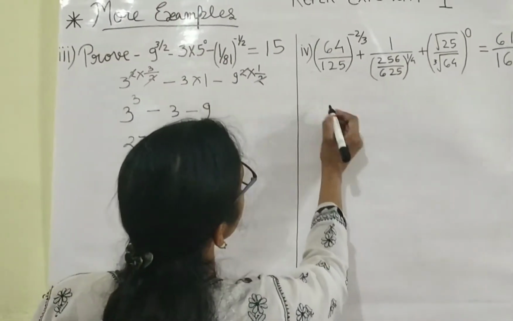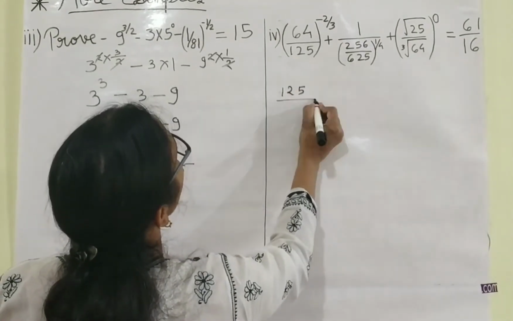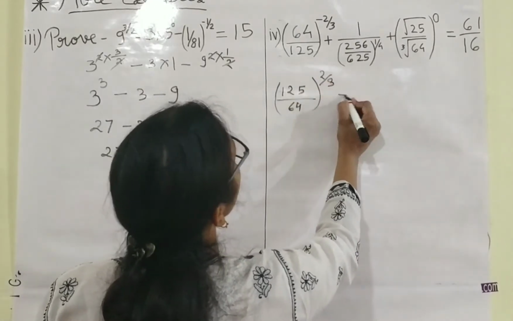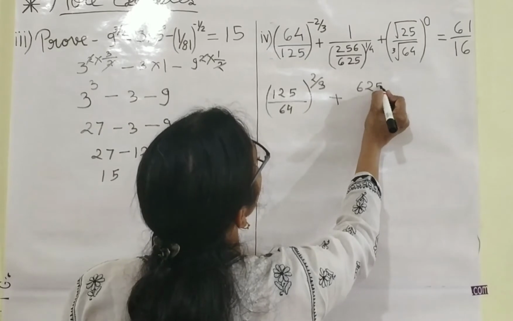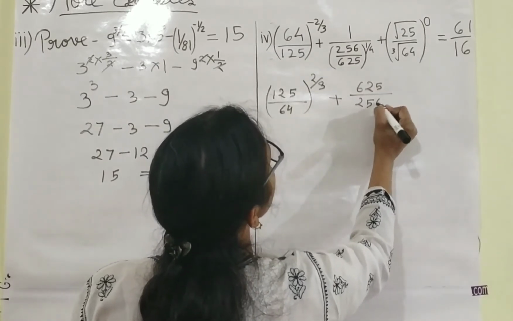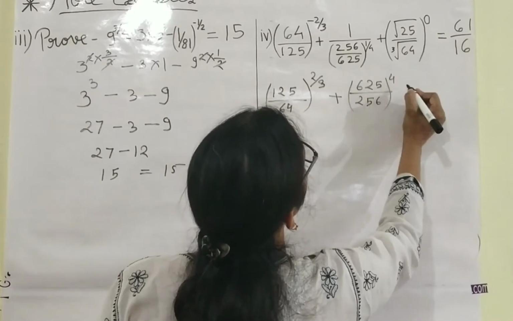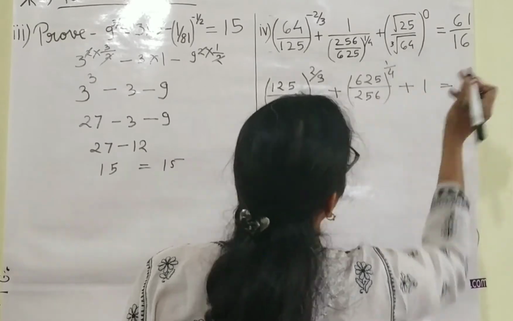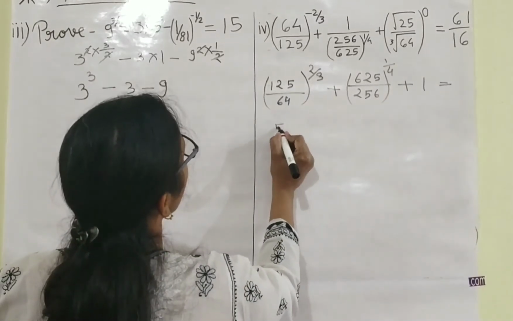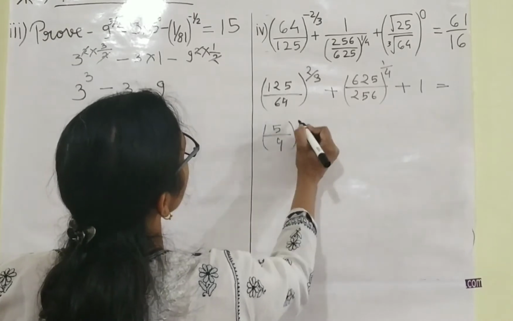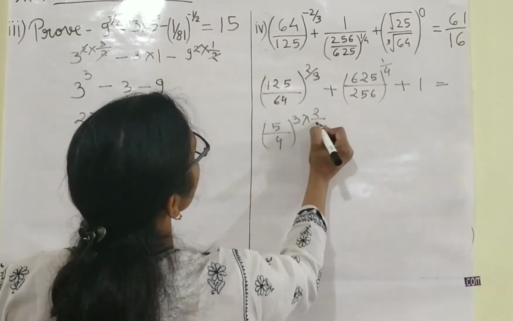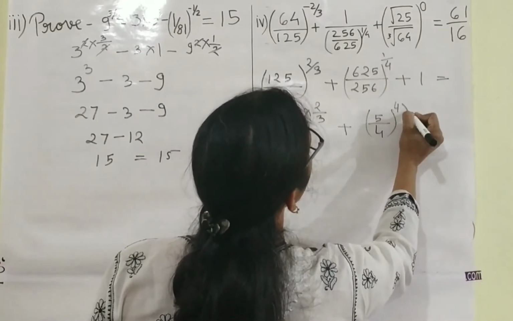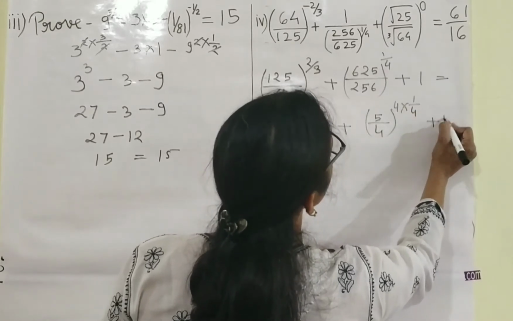Now next is 125 upon 64 power 2 by 3 plus 625 upon 256 power 1 by 4 plus 1, which we have to prove. Now 5 upon 4 power 3 into 2 by 3 plus 5 upon 4 power 4 into 1 upon 4 plus 1.